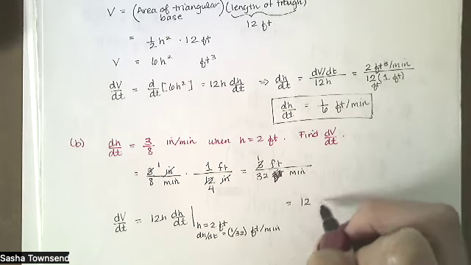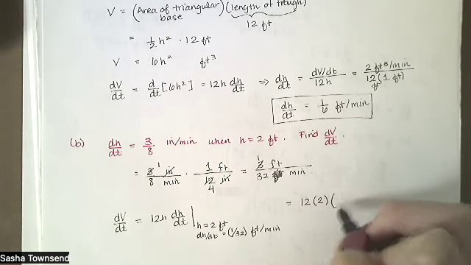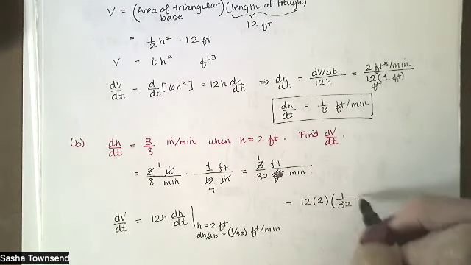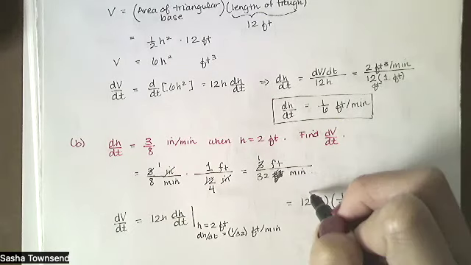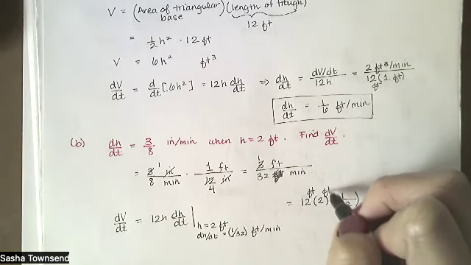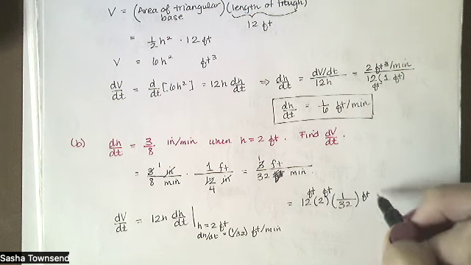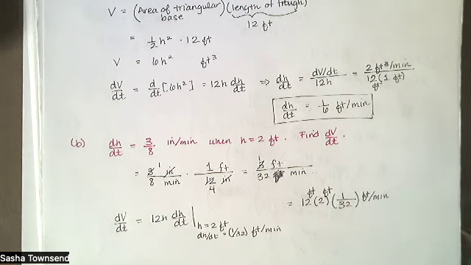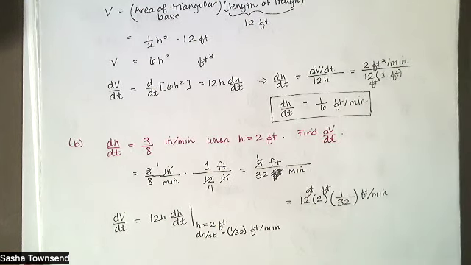So we get 12 times 2 times 1 divided by 32. And this is feet times feet times feet per minute. So we end up with cubic feet per minute, which is what we want.